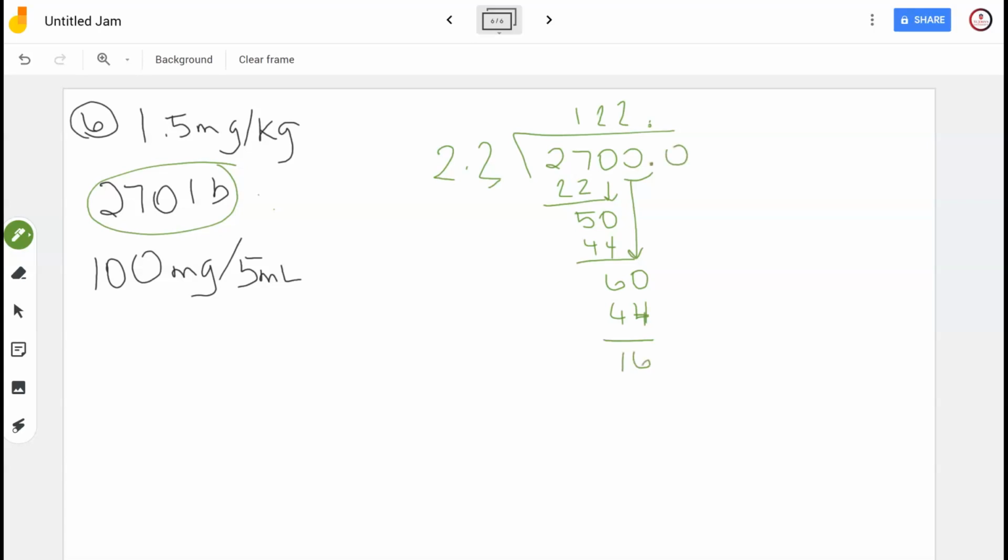You're going to add that 0. 22 into 160 is 7. Now that doesn't seem right. Hold on. Nope, read my own handwriting wrong. 14, 15.